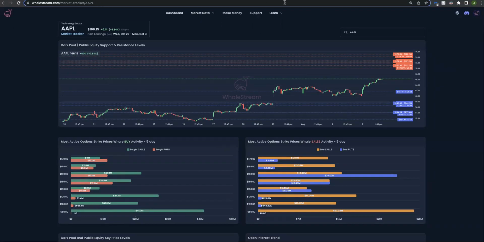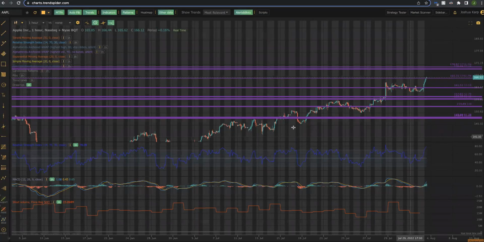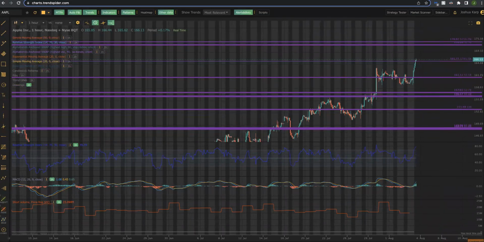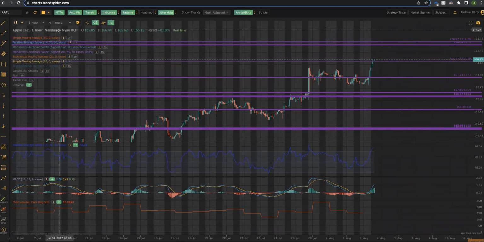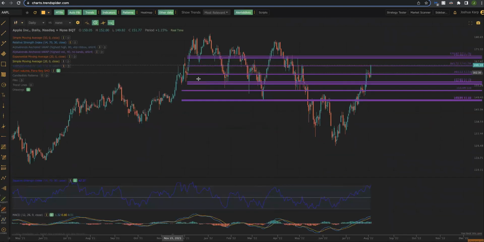So what I was doing before, because somebody was asking how dark pool levels work with the stock as support and resistance, I was drawing them in manually on here to show in different time frames. You can see my chart now, right?